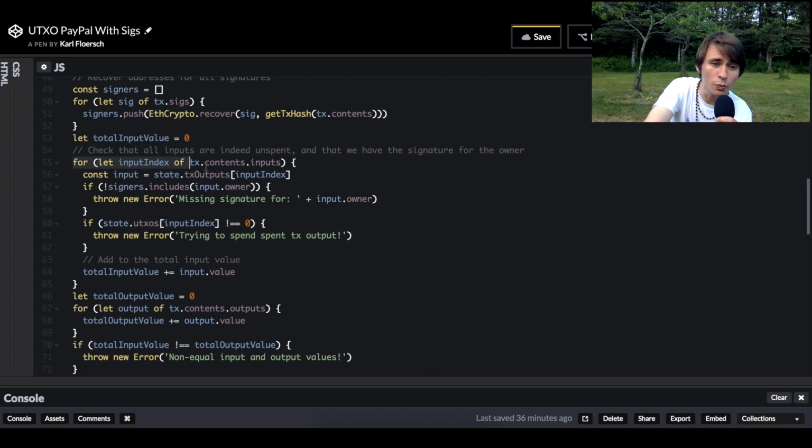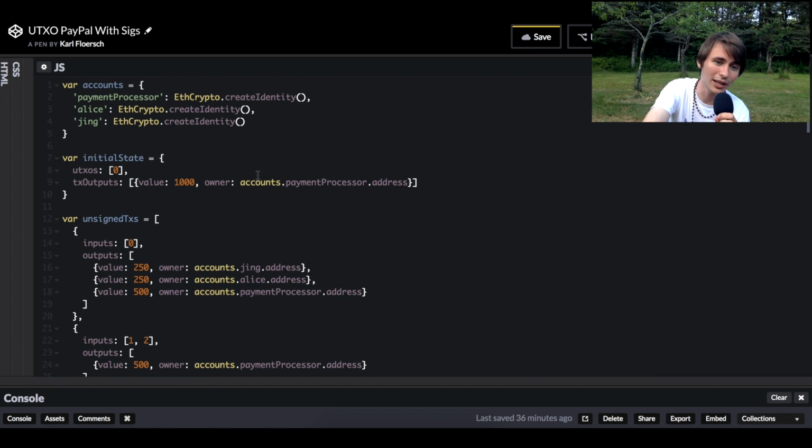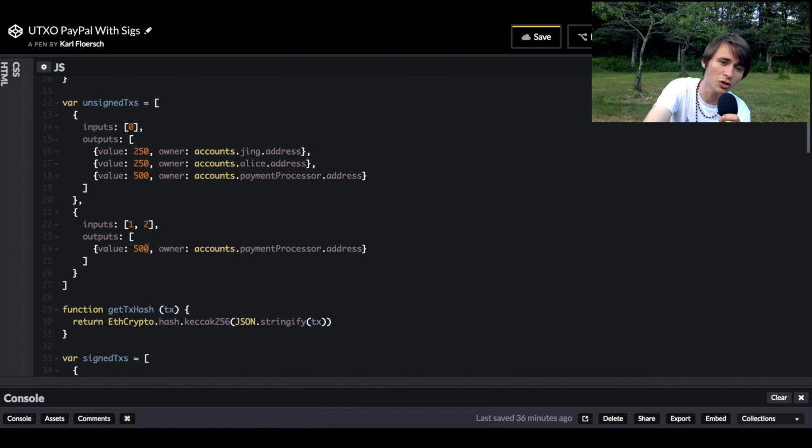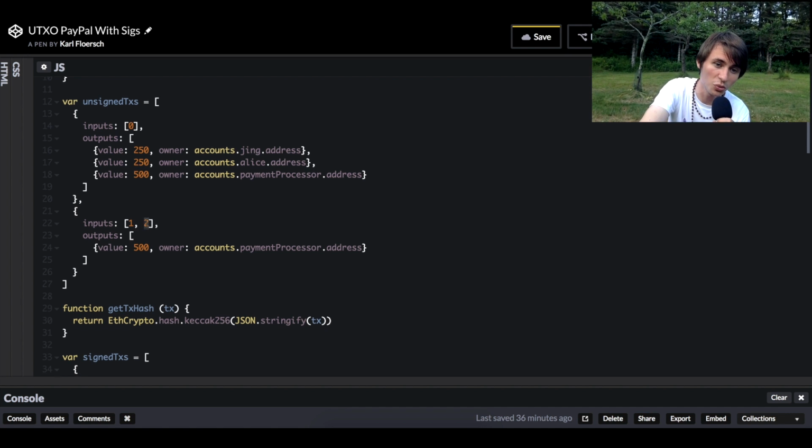Next, we're going to loop over all of our inputs, and we're going to grab them out of our state object by their index, right? So we have a long list of inputs, and we're sending the input index. So if you look at our transaction number 2, we say that output at index 1 and output at index 2. Those are our 2 inputs.